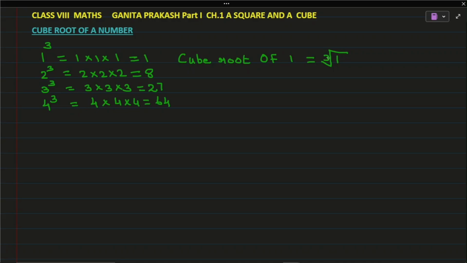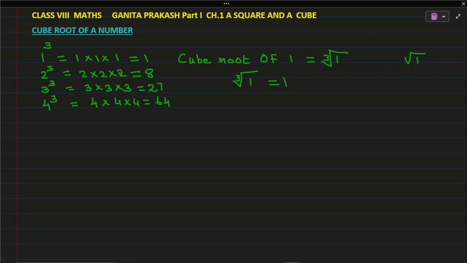If nothing is written, then you read it as square root. If it is simply written like this, it is the square root of 1. And if 3 is written inside the radical sign, that is cube root. We will read it as cube root of 1. So 1 cube is 1, so cube root of 1 is 1. That is the inverse process.